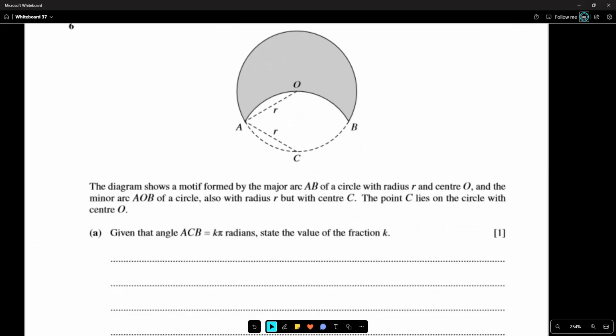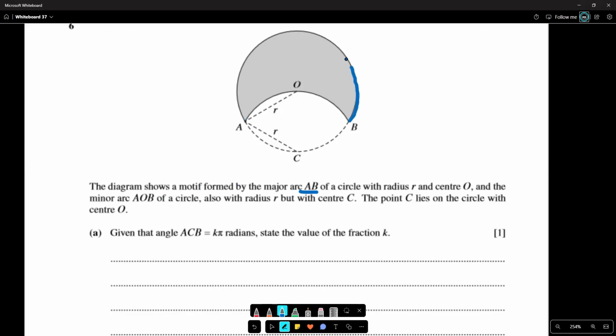So here we are asked, okay, let's see. The diagram shows a motif formed by the major arc AB. Okay, the major arc AB is that one.